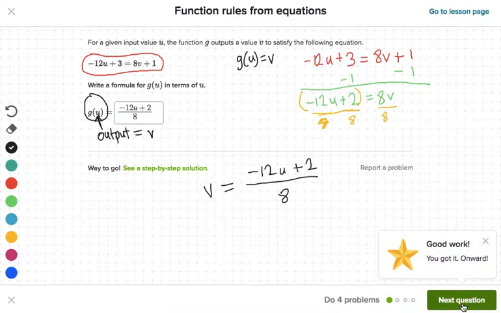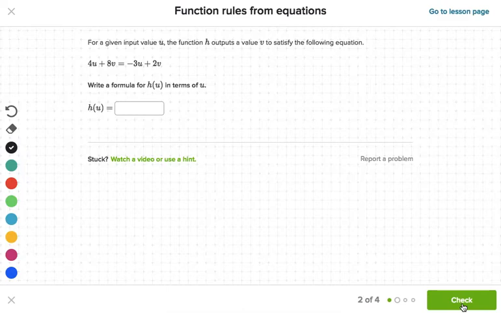Let's take a look at a few more. Again, remember, we're solving for the other variable. Take note, our input variable is u. Therefore, our output variable is v, and we notice that we have it twice in here. So what we're going to be doing is getting u to one side and v to the other. I'm going to keep u on this side and get v over onto this side.